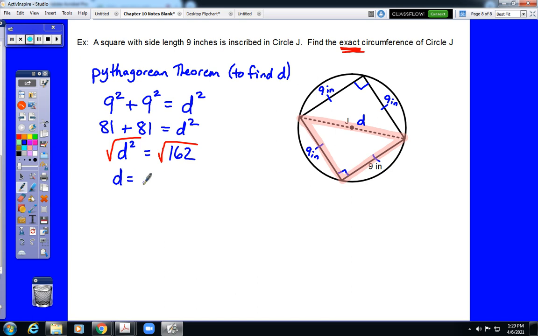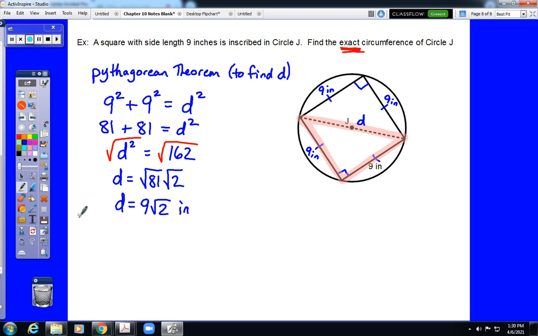Well, 162 is 81 times 2. So that means the diameter of this circle is 9 root 2 inches. Exactly. And for those of you that are more comfortable with special right triangles, we could have used the 45, 45, 90 triangle to come up with that as well. Okay? So the diameter of the circle is 9 root 2 inches.